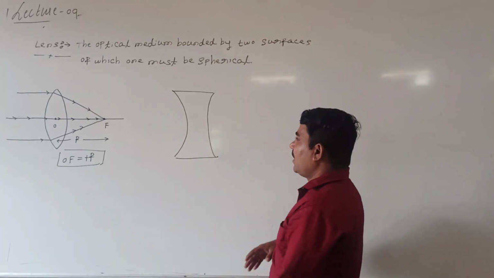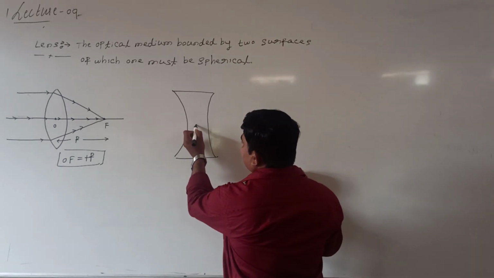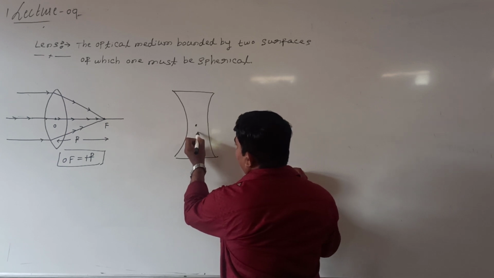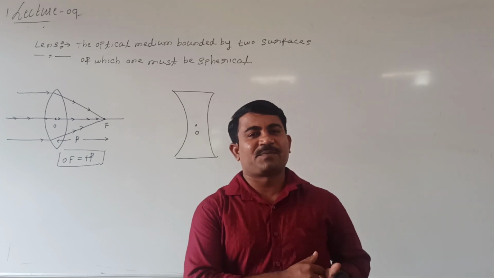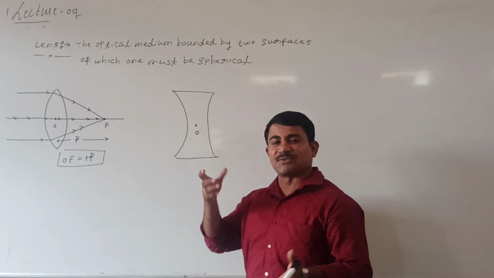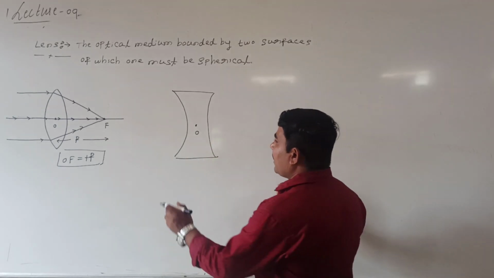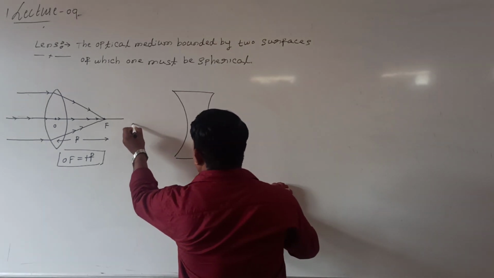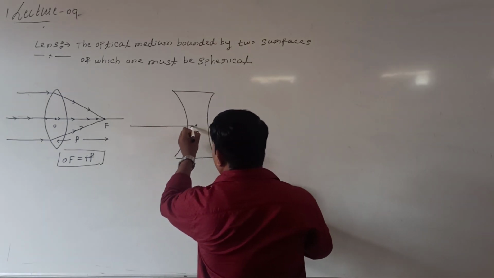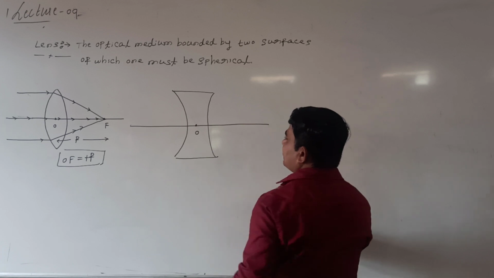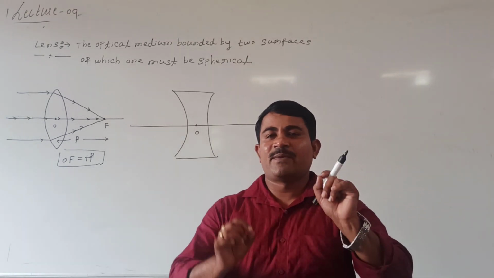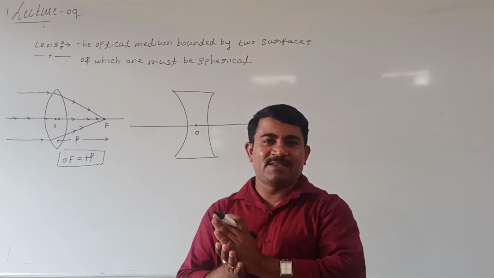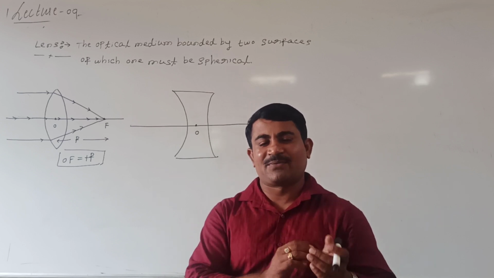Again, the point within the lens such that the ray of light is never deviated, that point we are calling optical center. This I can call optical center, or represent by C also, doesn't matter. Now again, the imaginary line passing through the optical center, that we are calling principal axis. Whenever a ray of light is incident on a concave lens, how refraction takes place, we'll see now.